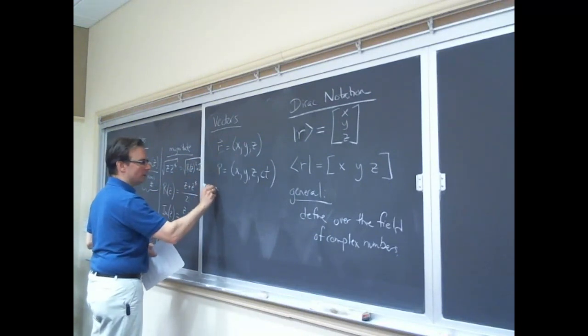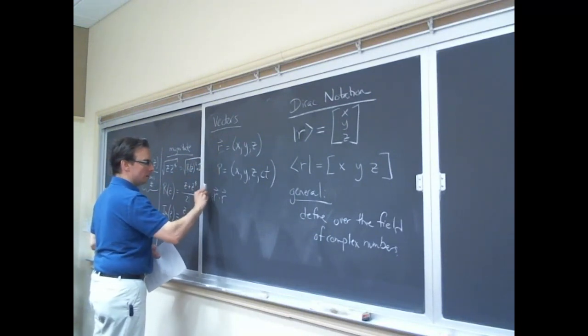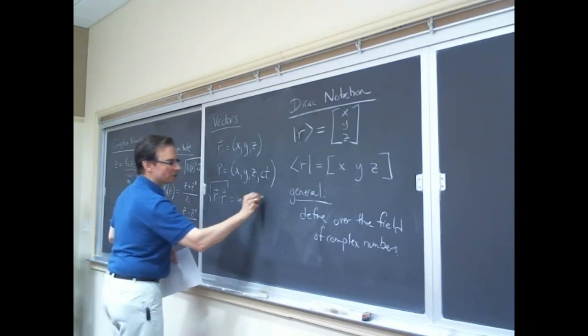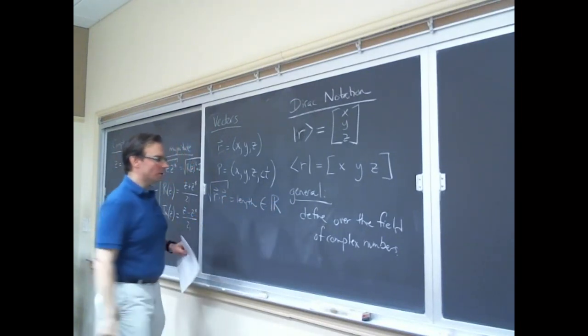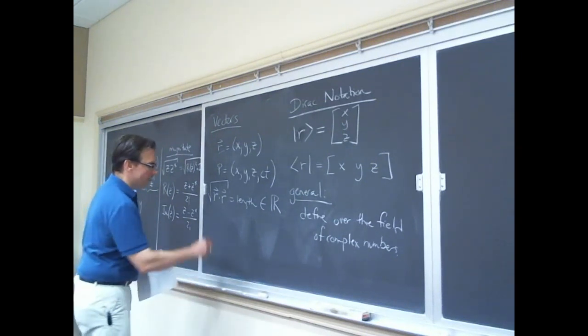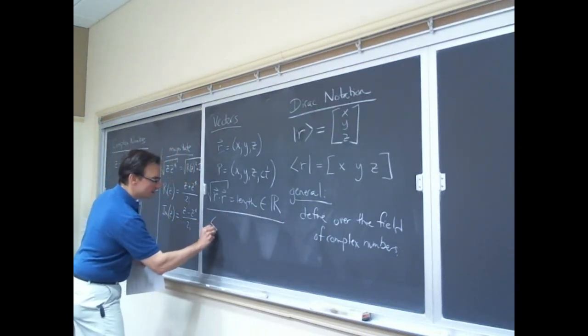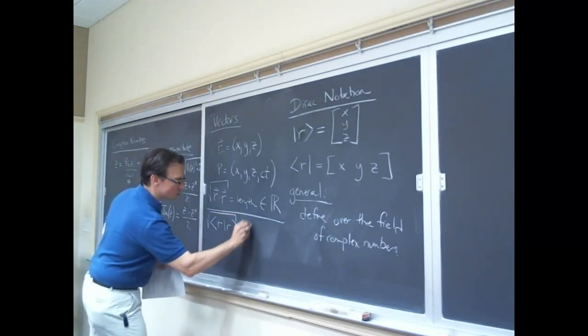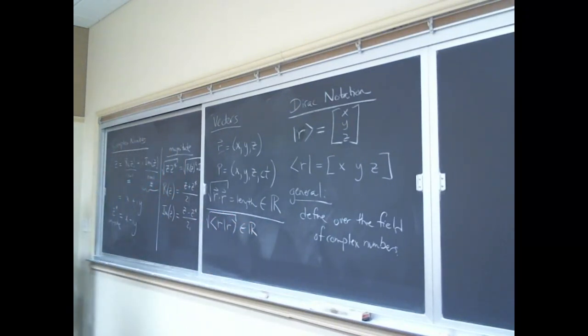So here, if you did r dot r square rooted to get the length, this would be an element of the real numbers. And we want to preserve that definition in the generalization of vectors. So in this Dirac notation, we want this thing to also be an element of the real numbers, that is, to preserve the definition of the length of a vector.